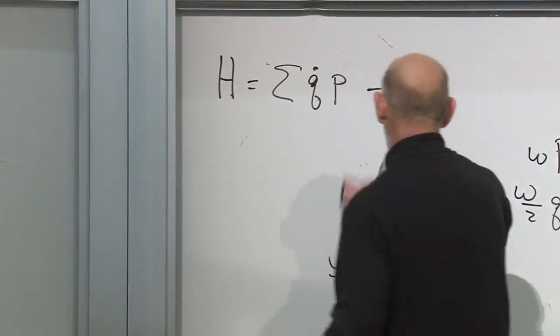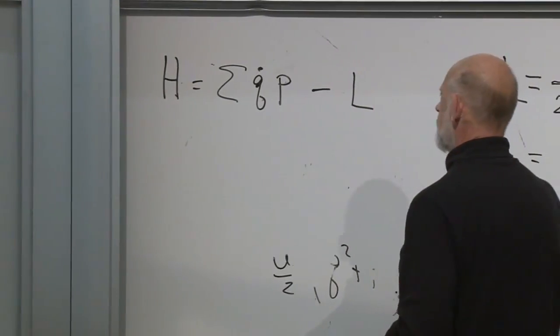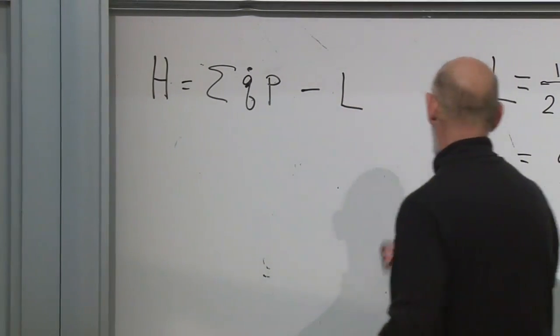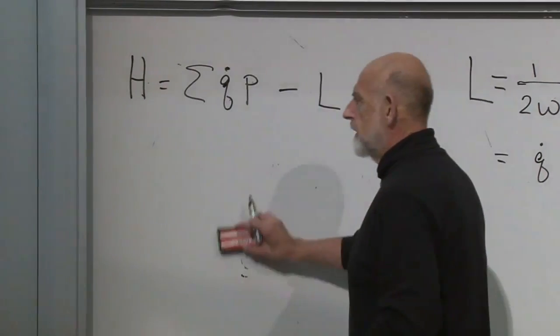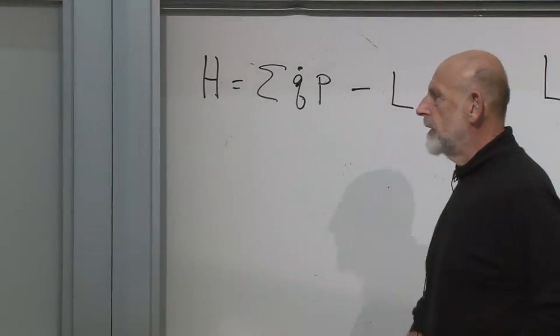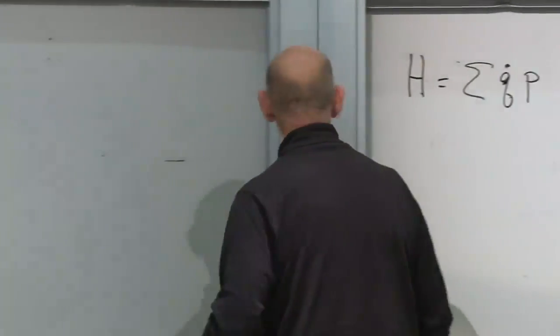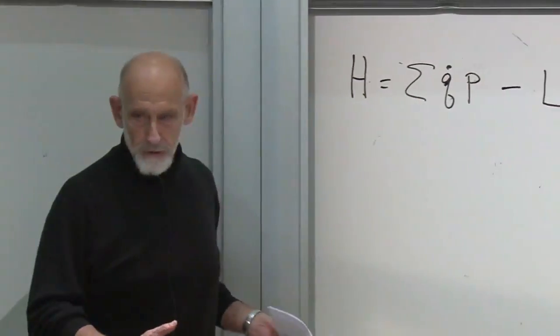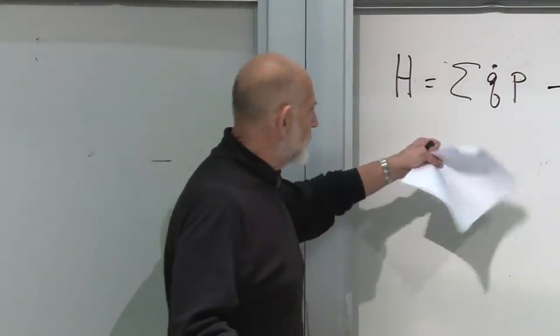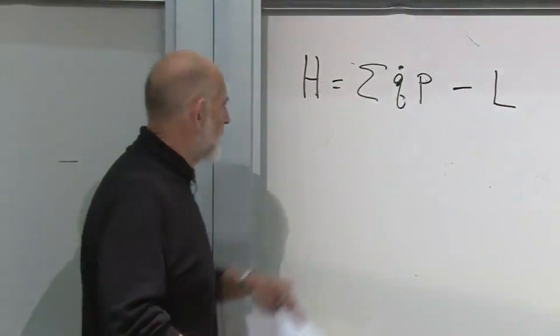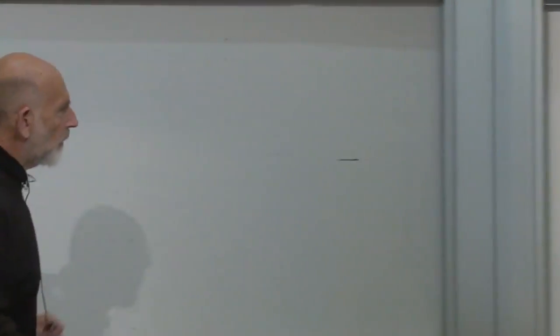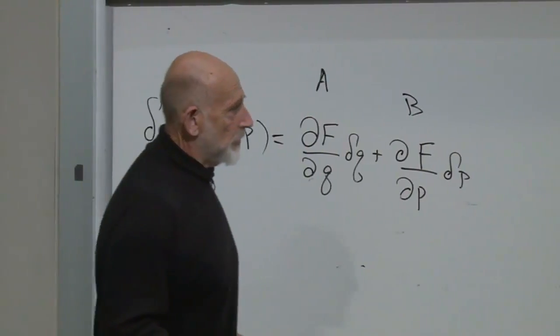I'm just going to tell you that it's q dot p minus L. I'm going to go back to this equation over here, and I'm going to say, what's the change in the Hamiltonian if I change things a little bit? I'm going to change q dot, p, everything, whatever it is that I change. All things. What's the change in H?